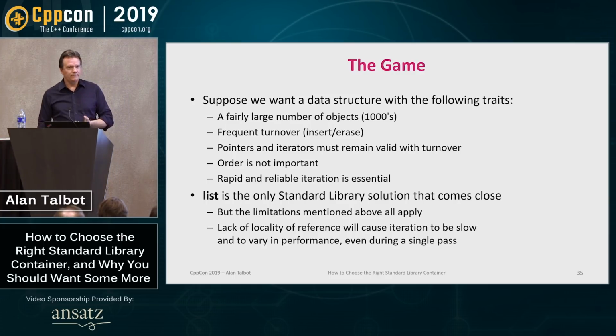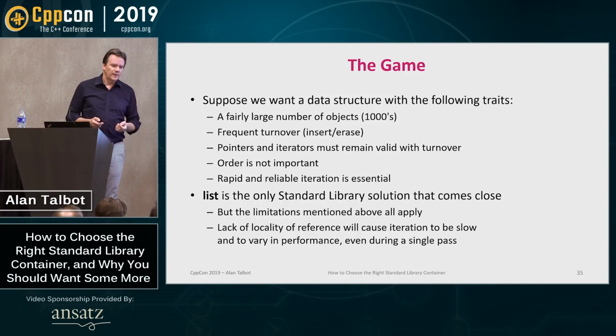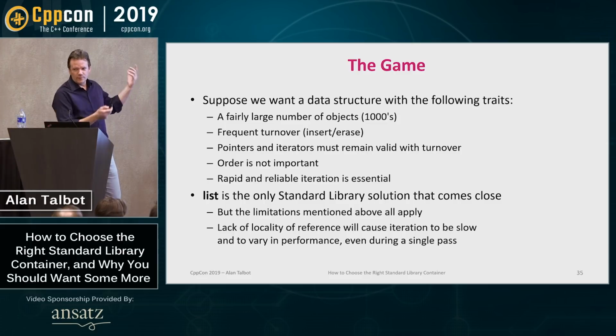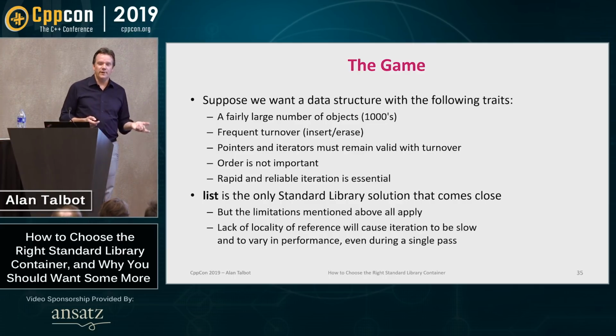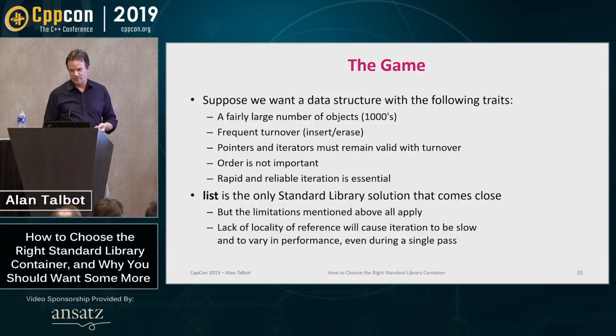Now, the only container that does this even remotely in the standard library is list. But we already know the list's limitations. We've talked about it. And the lack of locality of reference is going to cause not only poor iteration, but jerky iteration, which I have to assume is going to be bad for your video game.